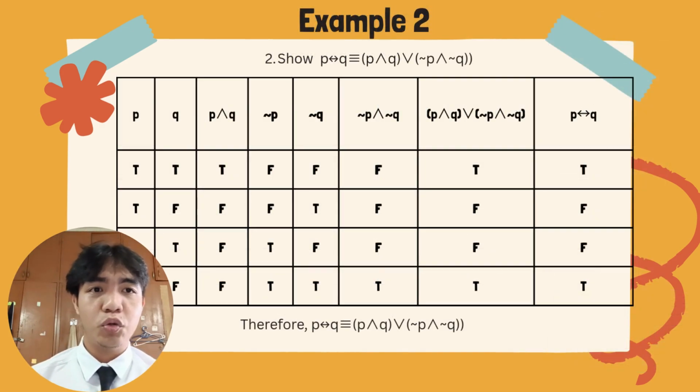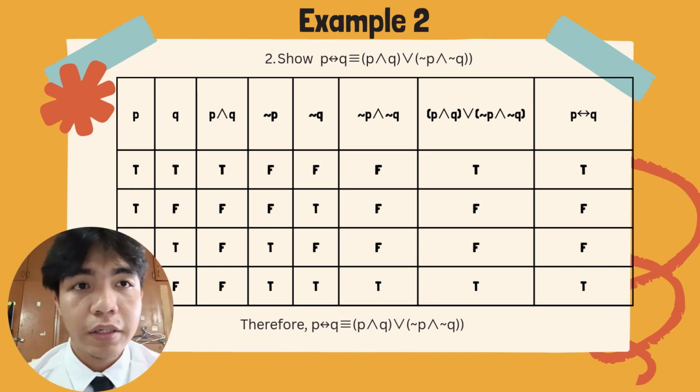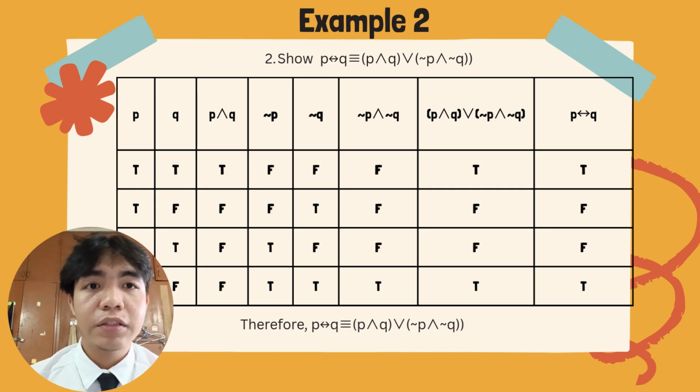For example 2, we also have the question: show that P ↔ Q is equivalent to (P ∧ Q) ∨ (¬P ∧ ¬Q). Find the truth values of P and Q, and also P ∧ Q, ¬P, ¬Q, and ¬P ∧ ¬Q.